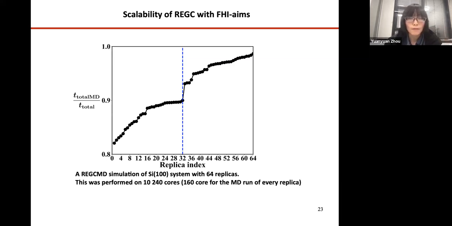A simple and effective way to address this issue is to partition the REGC MD simulation into several REGC MD simulations with a small number of replicas. For example, here, the REGC MD simulation with 64 replicas is partitioned into ones with 32 replicas, and the idling time can be reduced from 20% to 10% of the total simulation time.